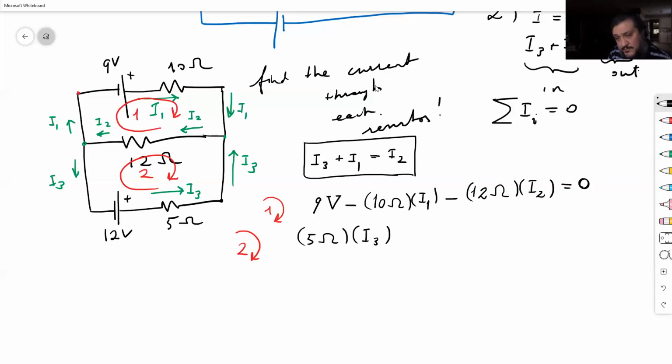And then I go from the positive terminal to the negative terminal. I'm talking about the 12 volt battery here. So there's a decrease in the potential by 12 volts. Now I'm here, go up, there's nothing. Now I have to go through the 12 ohm resistor. Again, I'm going against the current, so the potential increases, 12 ohms times I2 again.